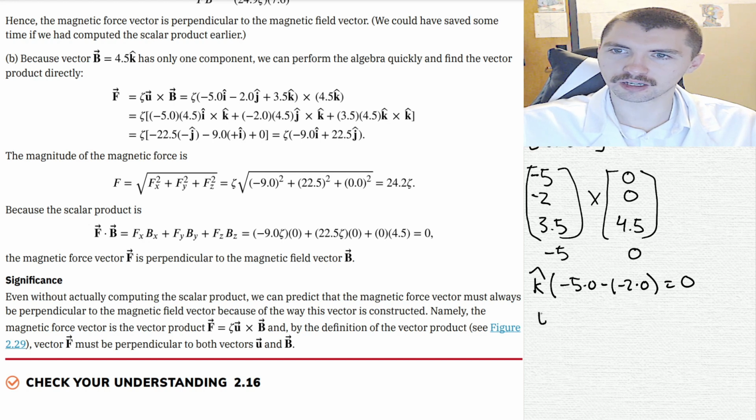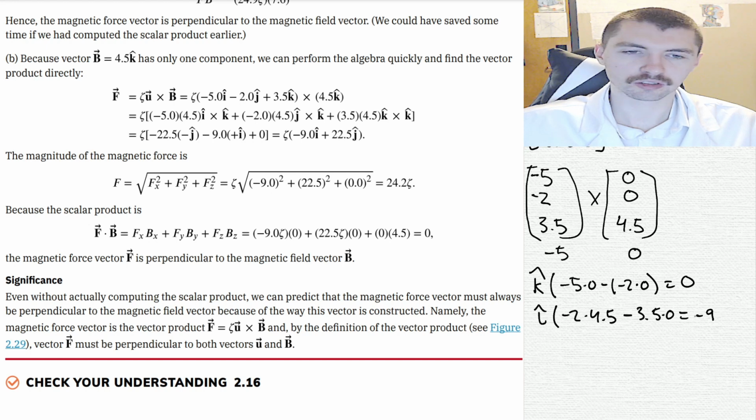Okay, now the I should be -2 times 4.5 minus 3.5 times 0 equals -9. And that is what the book got.